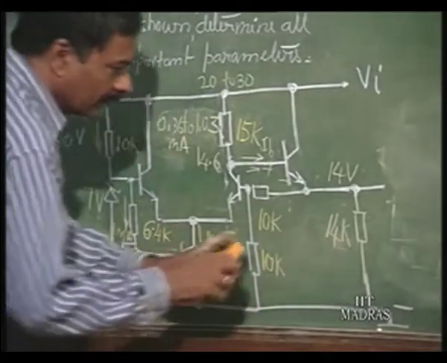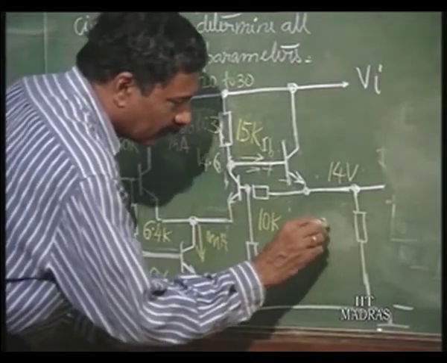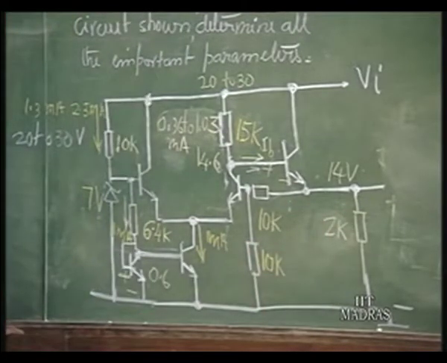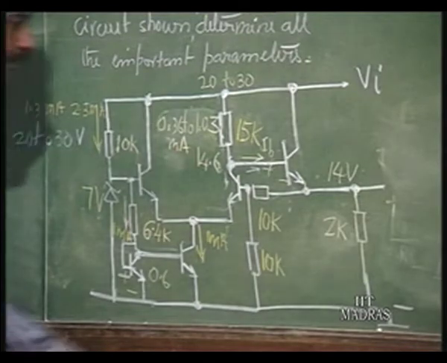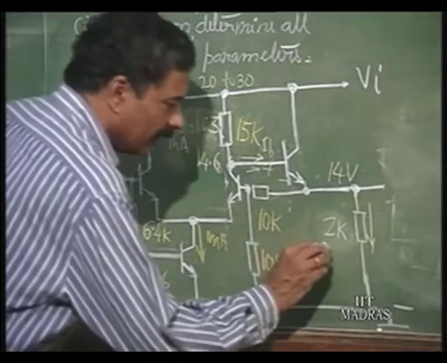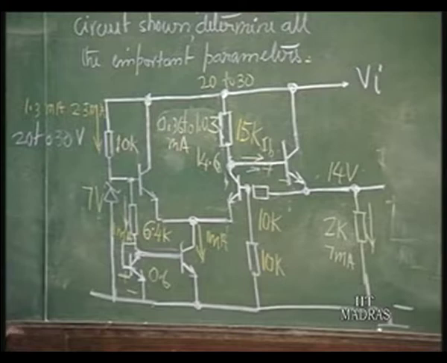No, we cannot take, because we can take it as, let us say, 2 K between 2.6 and 196, 2 K. So, the current here is 7 milliamperes, and this is again 0.7 milliamperes.